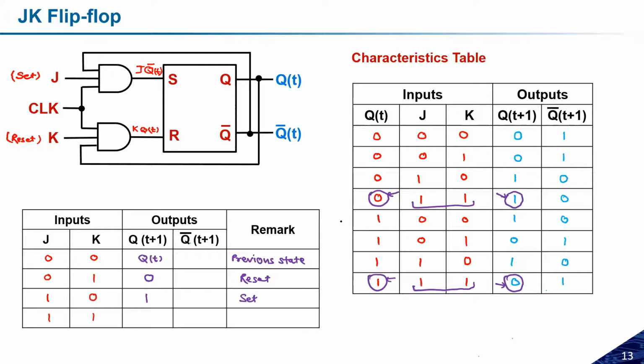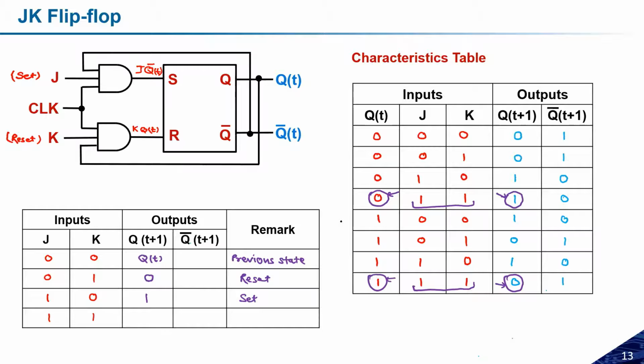Then at each clock, if the Qt becomes 0, in the next clock it will become 1, and then the next clock makes it 0 again. So a 0 1 0 1 kind of toggling will be there, and at the output we will get the toggled output.